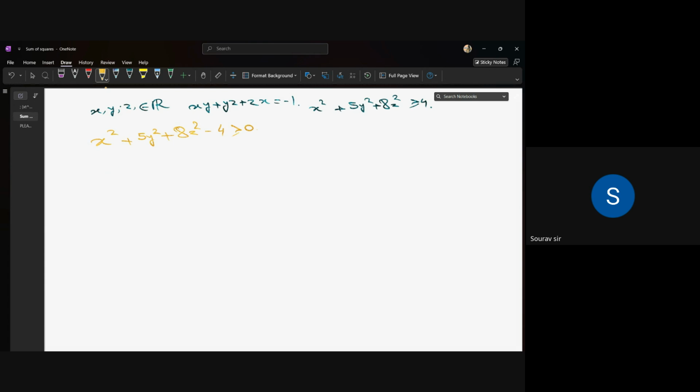And we know that minus 4 we can write here as x square plus 5y square plus 8z square plus 4xy plus 4yz plus 4zx, that is greater than. Okay.